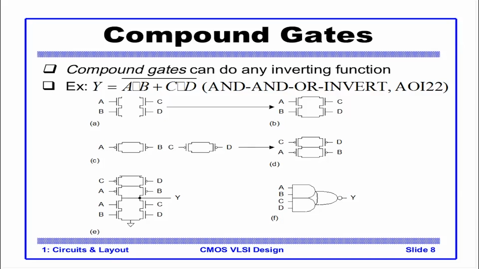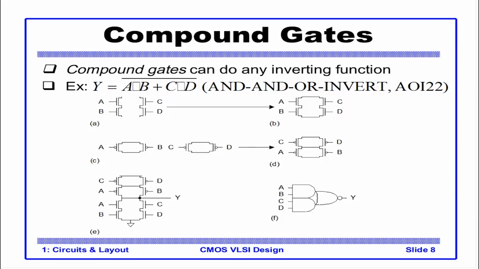So let's look at this. Now A dot B plus C dot D is the non-complementing part. We can easily construct the pull-down circuit with it, and the pull-up will simply be the complement of that.